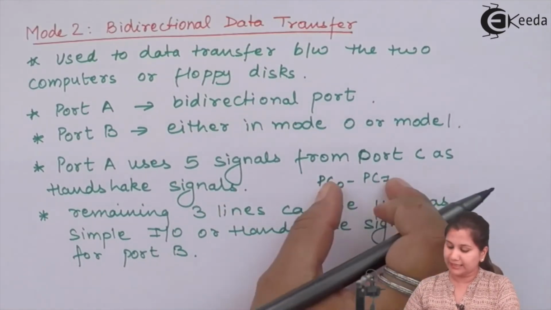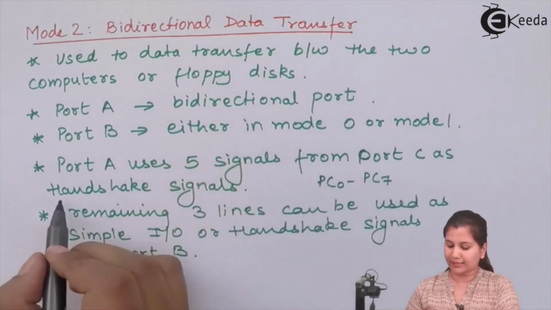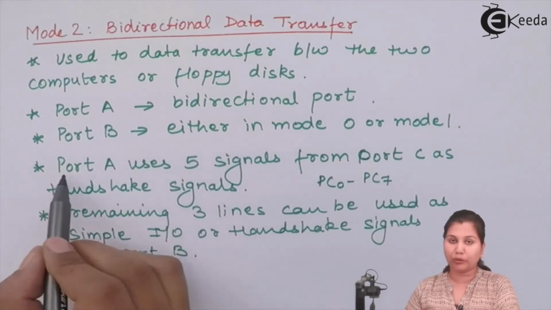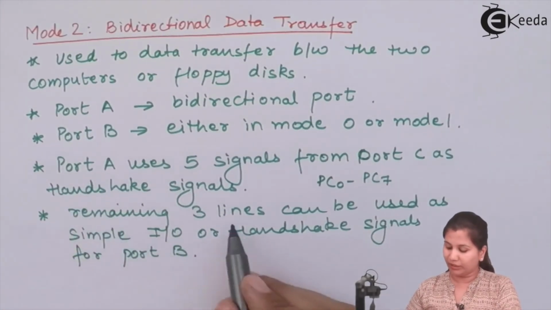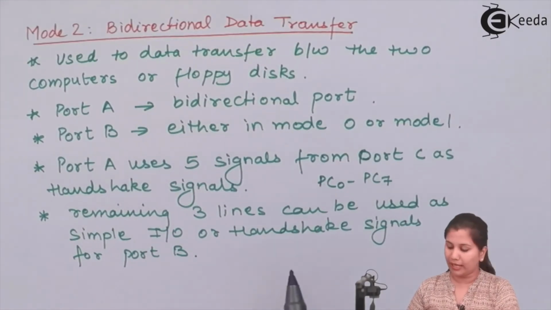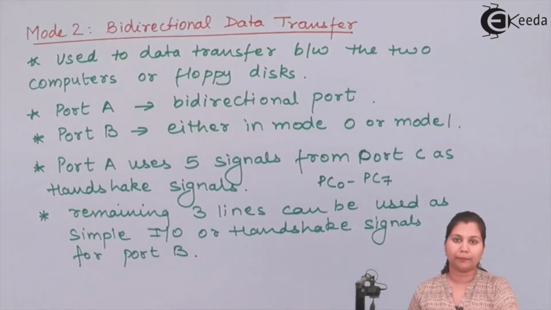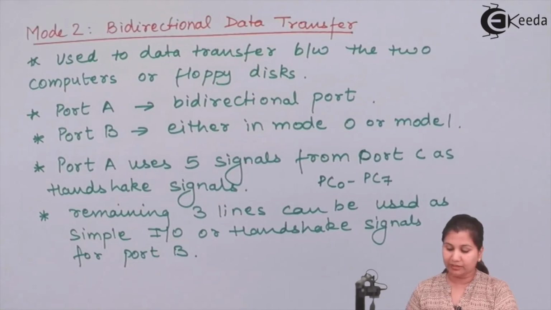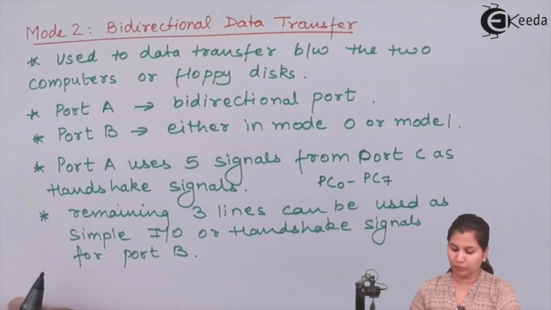So out of these 8 lines, 5 lines are used as the handshake signals by port A, and the remaining 3 lines can be used as simple input output or handshake signals for port B. So now let's see the control signals for mode 2.